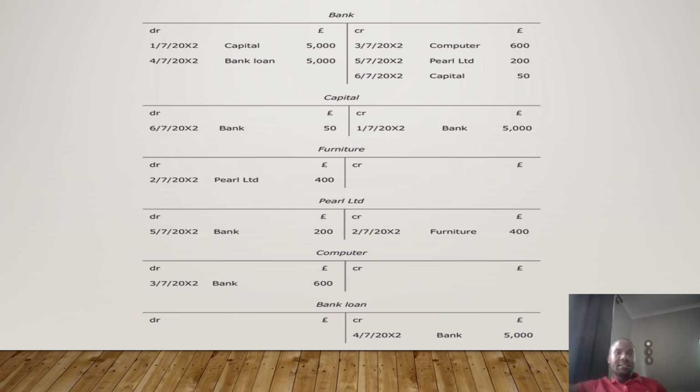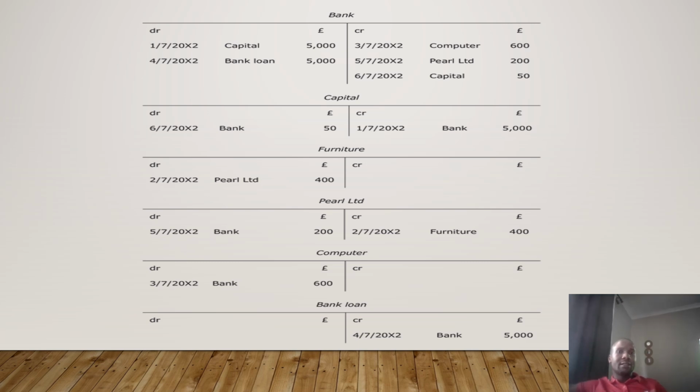So by looking at these accounts, as we said, each transaction affects at least 2 accounts. So for instance, if we look at the bank account, we have a debit entry, which is a capital account. It means that this particular person, Edgar Edwards, invested in the business by introducing £5,000 in his business.